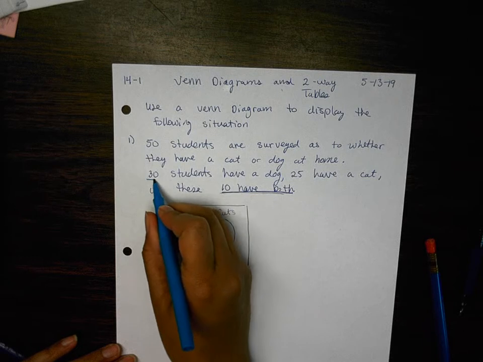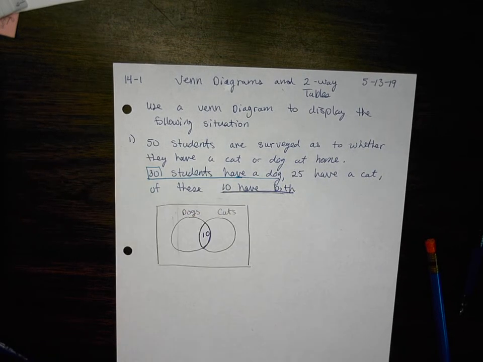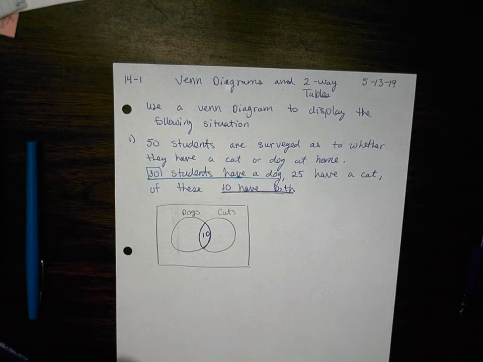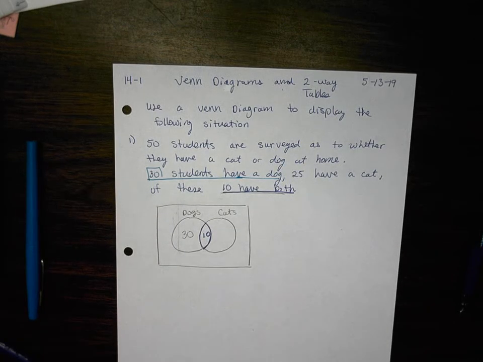Yes? Next piece, how many had dogs? 30. Okay, here's a mistake kids make. I'm going to write with pencil because I'm going to erase it. If you're writing with pen, do not write it. They do that. Can anybody tell me why that is a mistake? Yes. We have to subtract it because right now, ignore the cat side.